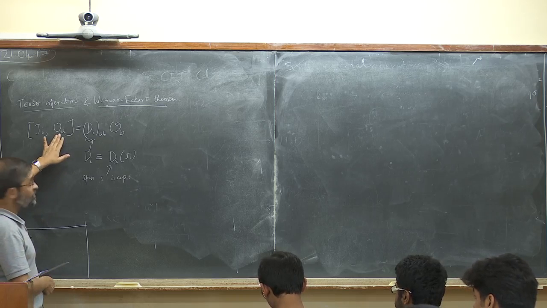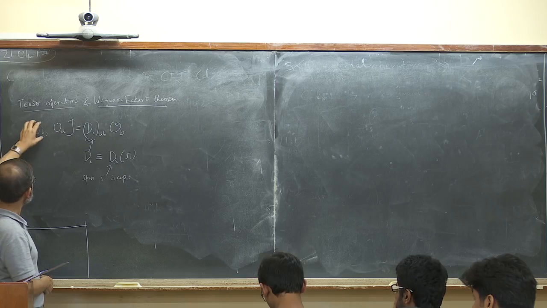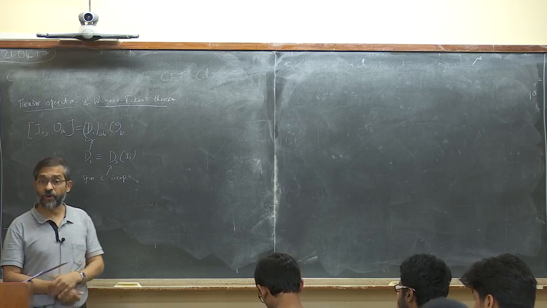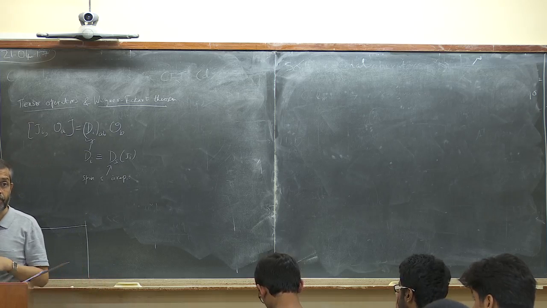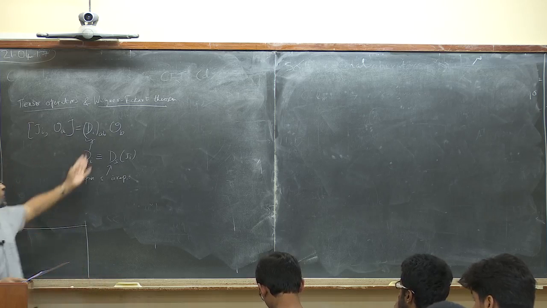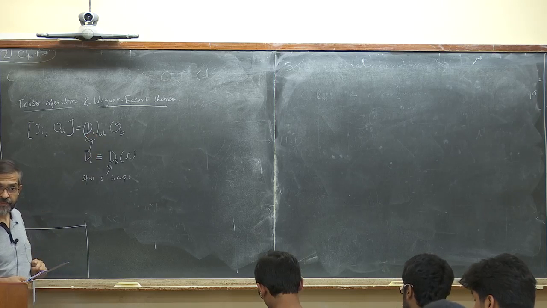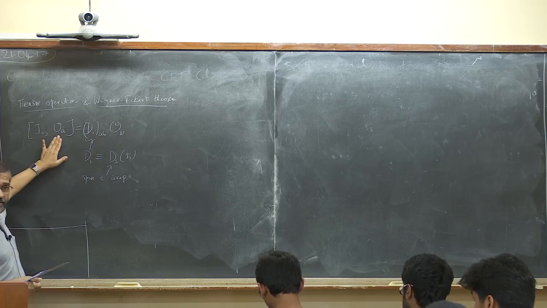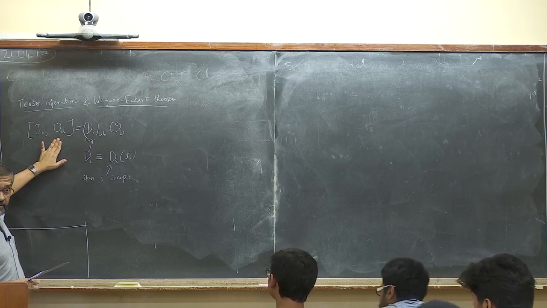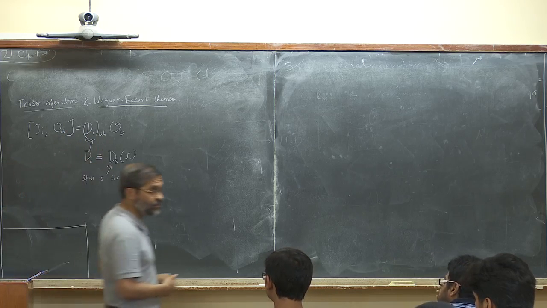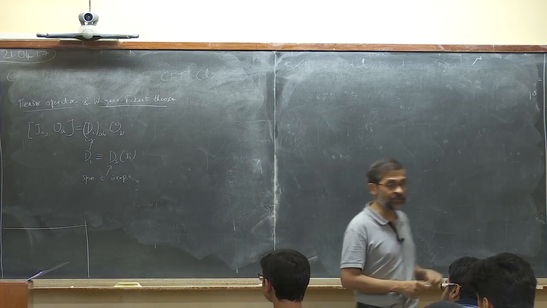So you can find out how the various angular momentum operators act on the position or momentum. All of these would transform in a spin 1 representation. If I have a vector, the position vector or momentum vector, or the angular momentum vector, then these will all transform in a spin 1 representation.